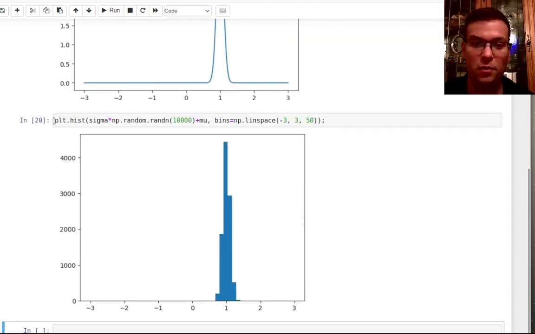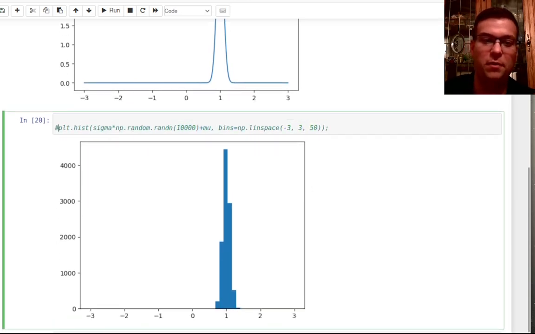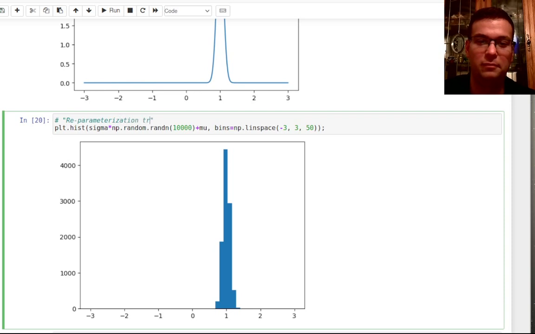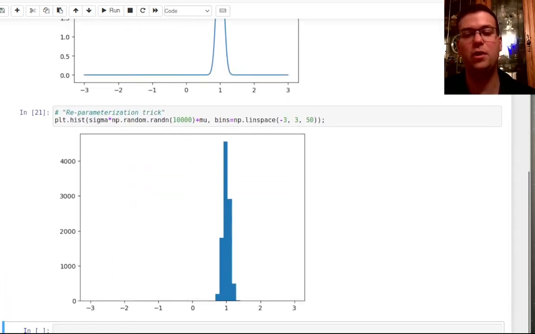People get very fancy about this and call it the reparameterization trick. If I know how to sample from a standard Gaussian with mean 0, standard deviation 1, I can always sample from any other Gaussian that I want.